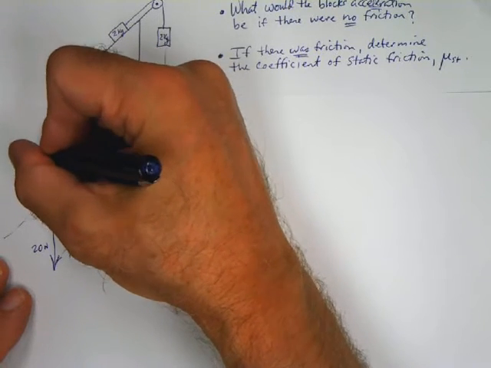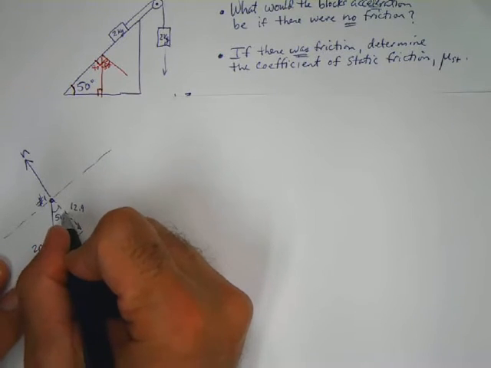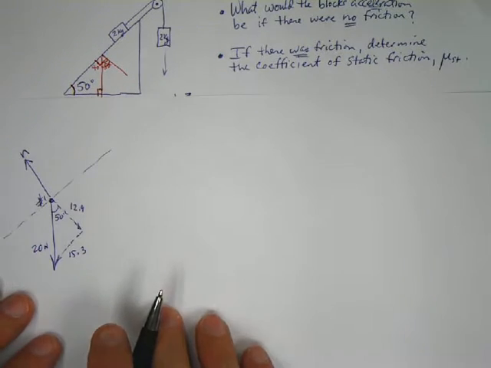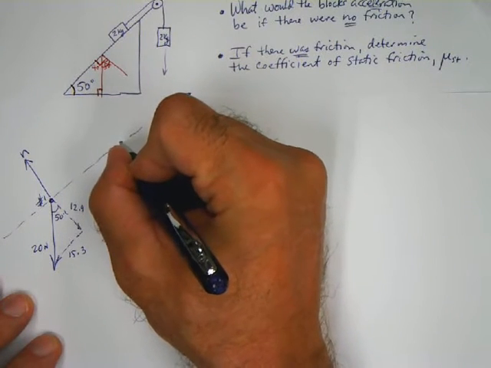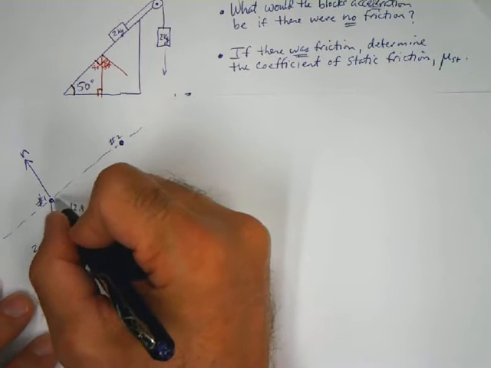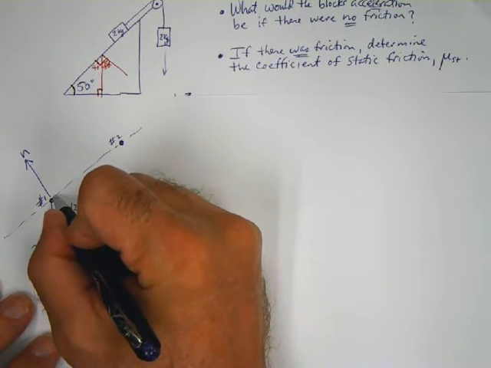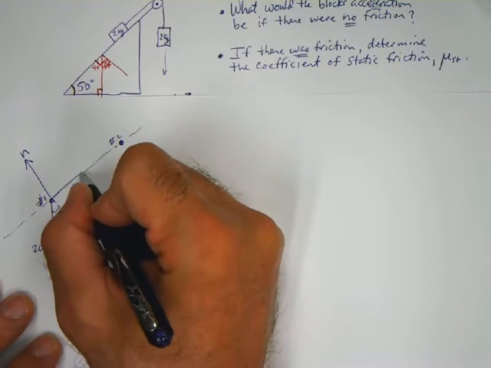We also have a normal force that is actually important in this case. We know this angle is 50 degrees. Okay, good. So that's for point object number 1. For point object number 2, we have the tension, oh, I forgot the tension force, sorry.